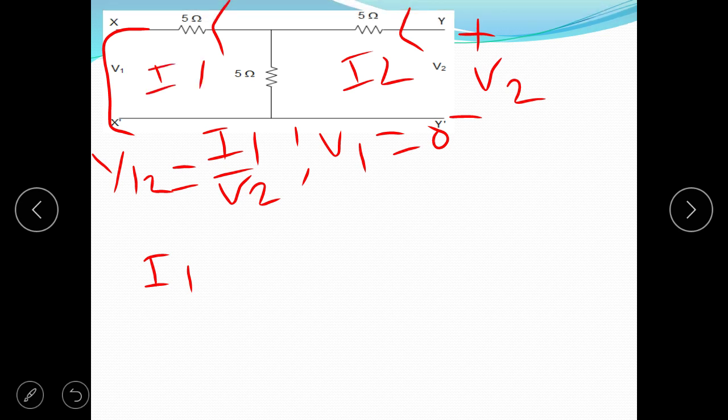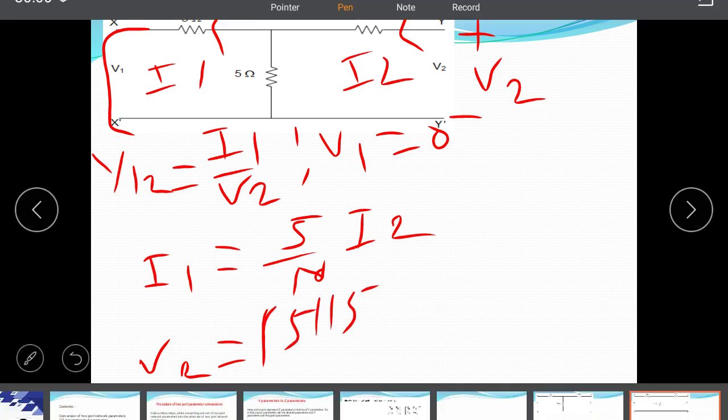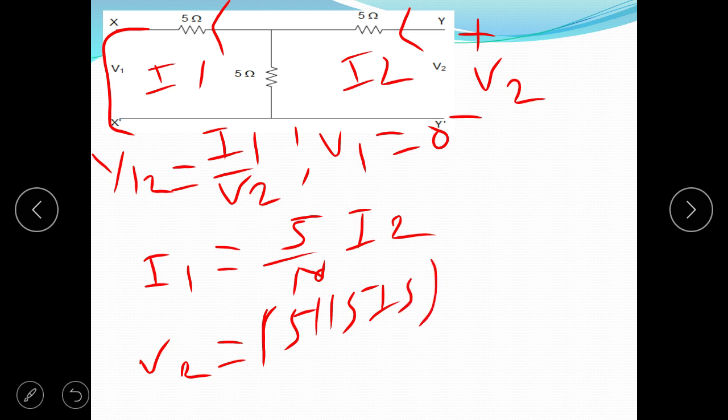So I1 in terms of I2, using the current division rule, is 5 upon 10 of I2. And what is the value of V2? V2 is 5 parallel 5, plus 5, into I2.